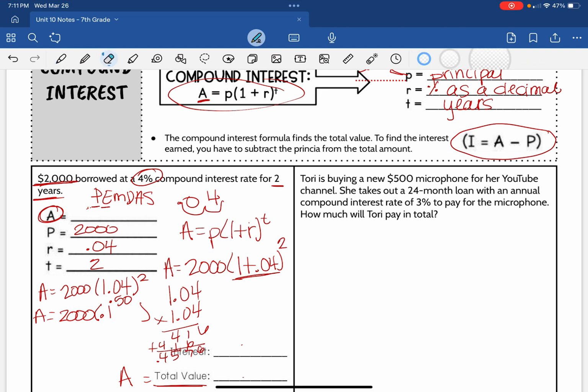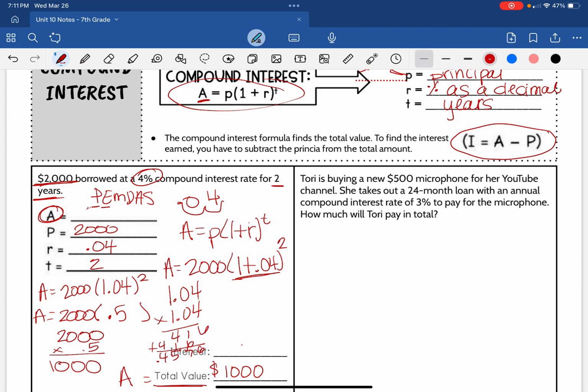Let's just erase that and stick in 0.5. Okay, last step. 2,000 times 0.5 is going to be 1,000. So that is going to be my total value.